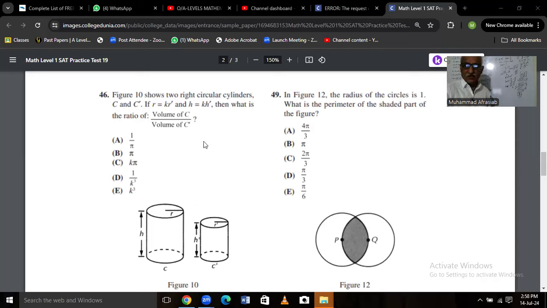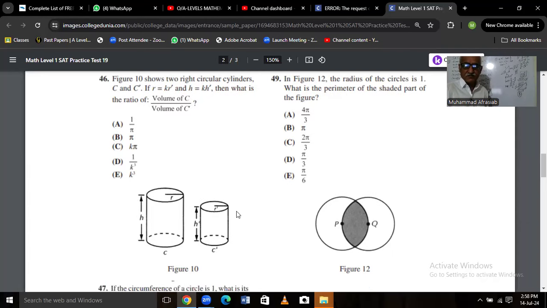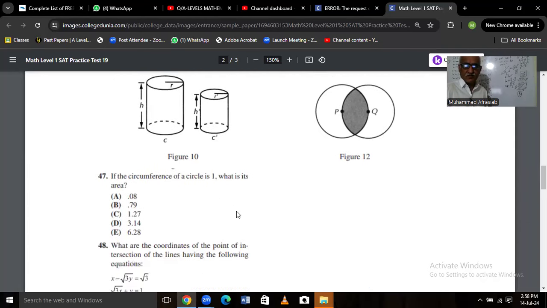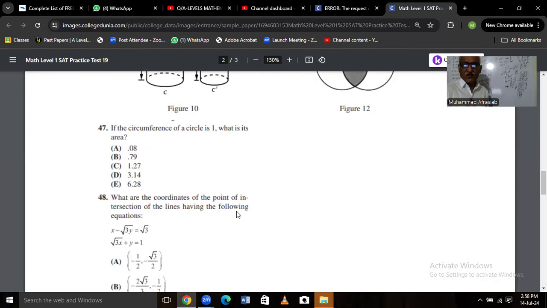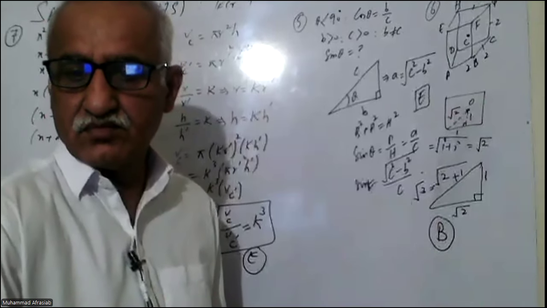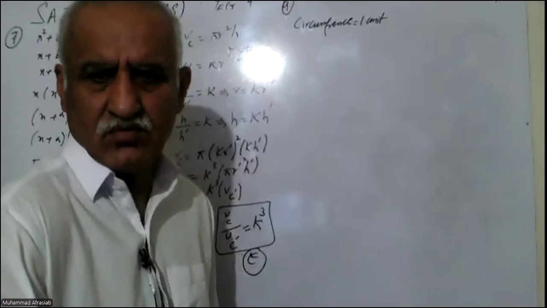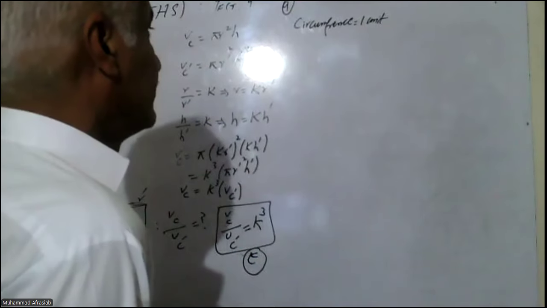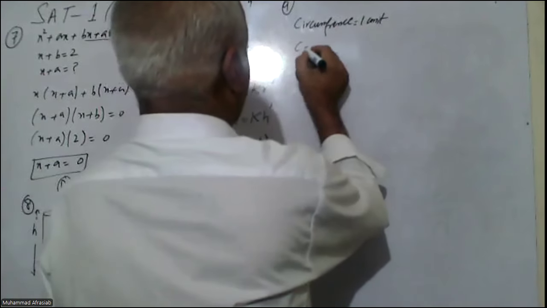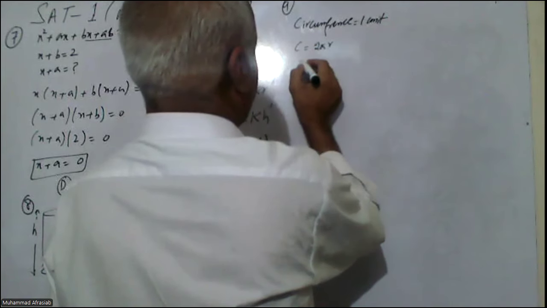Now we look at question number 9. If the circumference of a circle is 1, what is its area? Since the circumference is 1 unit, we know that circumference is equal to 2 pi r.